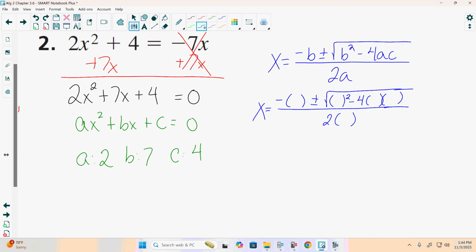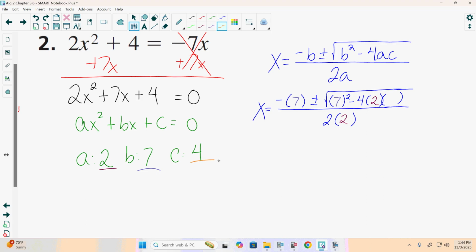Now what we're going to do is take the values of a, b, and c and plug them into their corresponding spots. A is 2, so the two places where a shows up, we're going to replace it with 2. B is 7, so the two places where B shows up, we're going to replace it with 7.